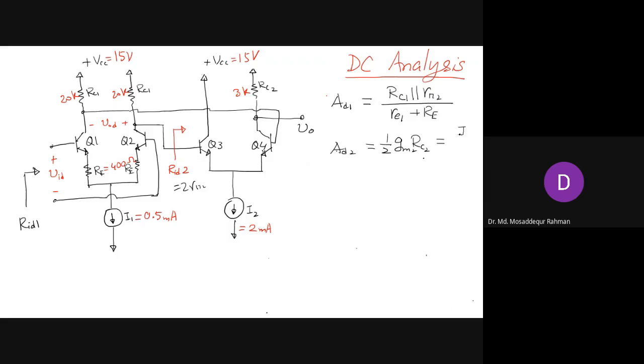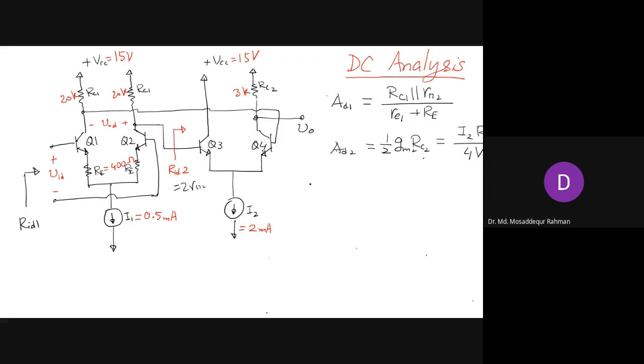So we wrote it as I2 RC2 divided by 4 VT. So that is how we express the differential gain for the second stage.